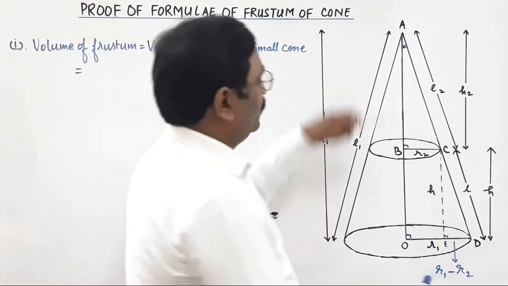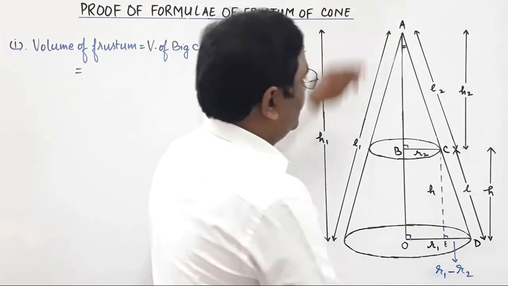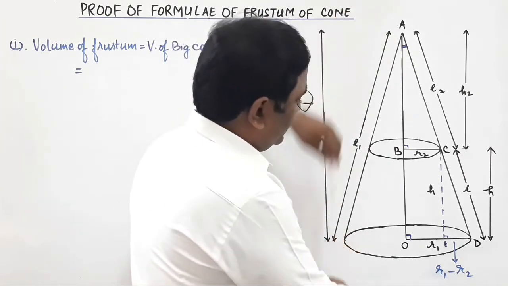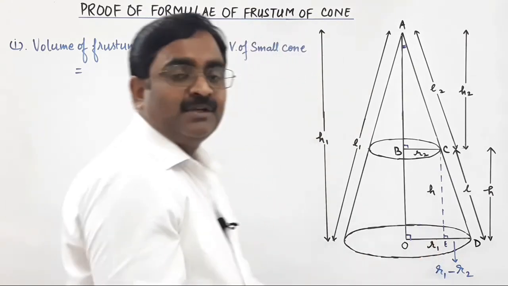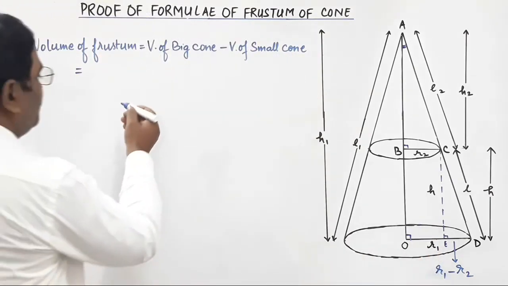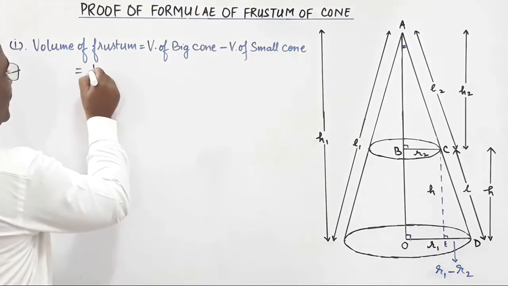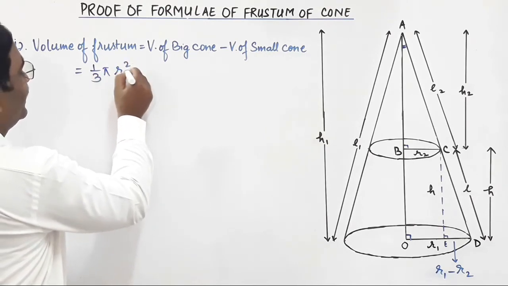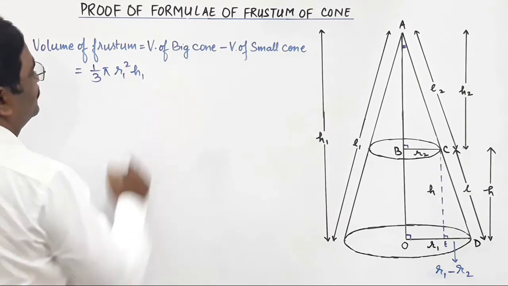Volume of big cone: this is the big cone and its height is h1, slant height is l1 and its radius is r1. So the formula is 1/3 pi r1 square into h1.